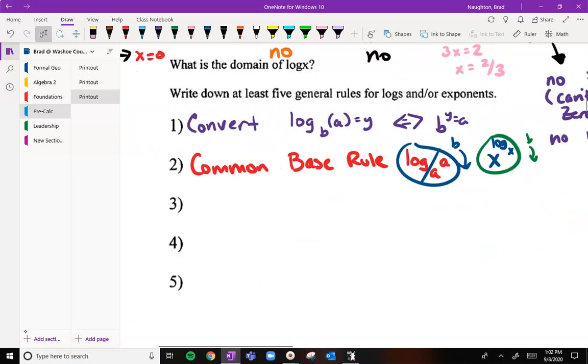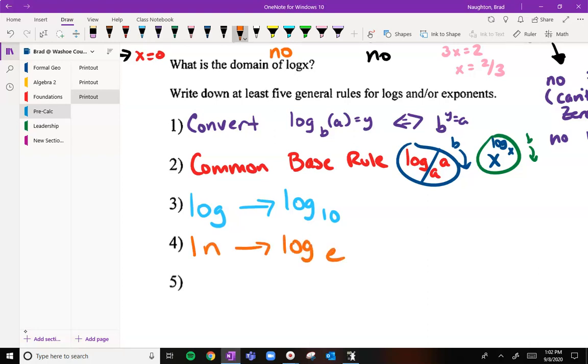Now, if we were to write down everything, I would go log is the same thing as log base 10. But if you don't need that, you can remember that, don't write it down. But I'm going to write it down just so we have everything. If you're going to have ln, that's the same thing as log base e. If you can remember that, you're good to go.